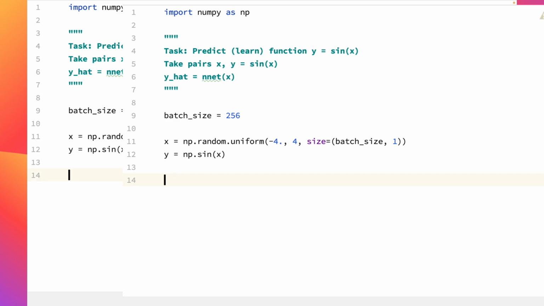Okay, so we'll have one hidden layer, and the size of this hidden layer will be 32.